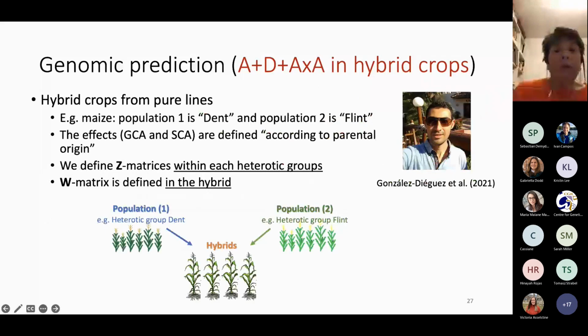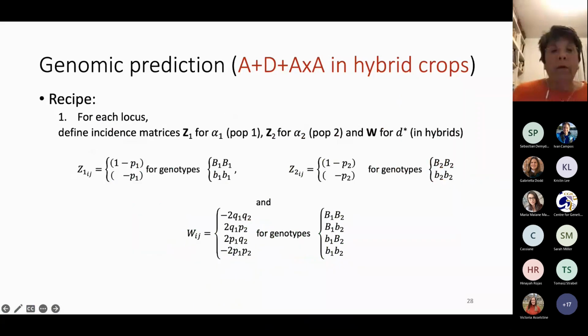Okay. We did that with David González Diegues, who was my PhD student, and he finished in 2021. David is a plant breeder, so I learned a lot of things working with him. And what we did is that we defined the seed matrices within each heterotic group. And we defined the W matrix for the dominance deviation effect in the hybrid. You can see that the recipe is exactly the same.